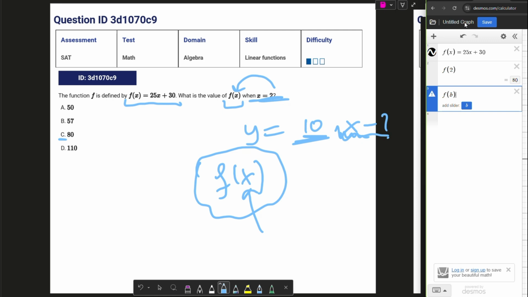Now, when I plug in this b, or let's say x, my output should equal 10, right? Here's the thing. You would probably just go and equalize it to 10, but it doesn't work this way because I don't know the value of b. The only method that we can use in here is the regression sign. Here's a cool feature about this regression sign.